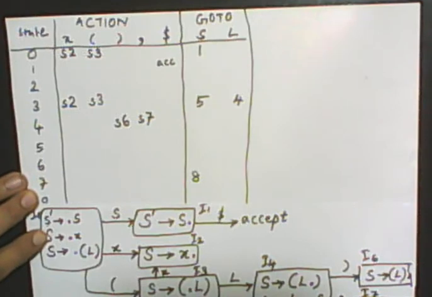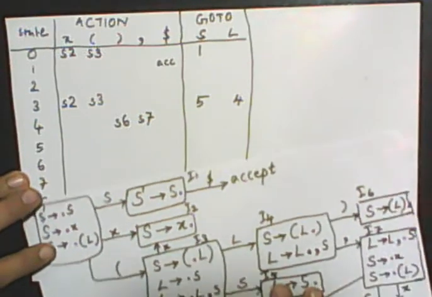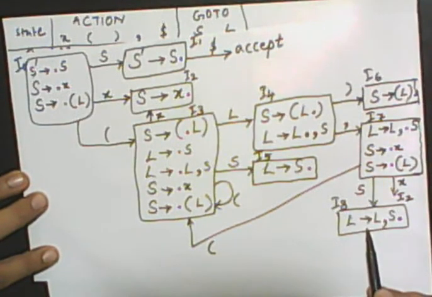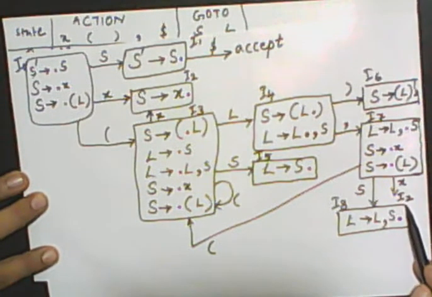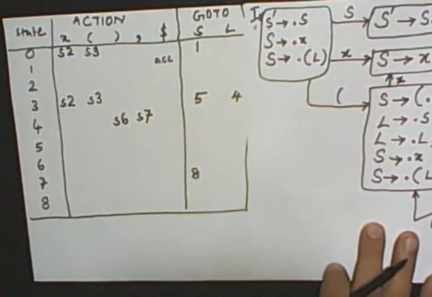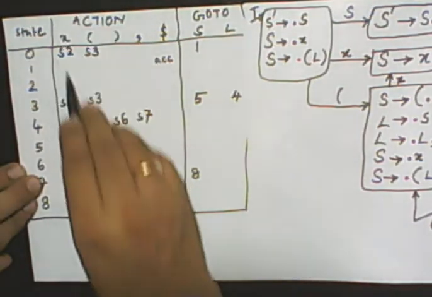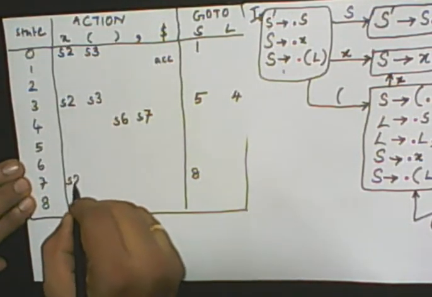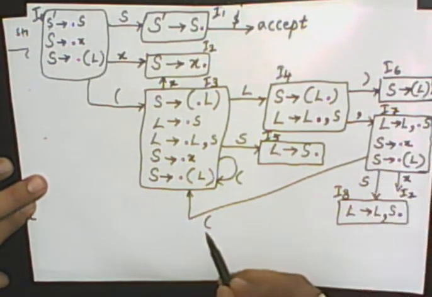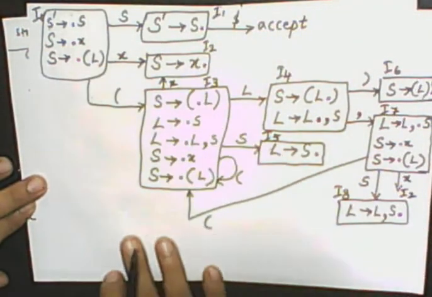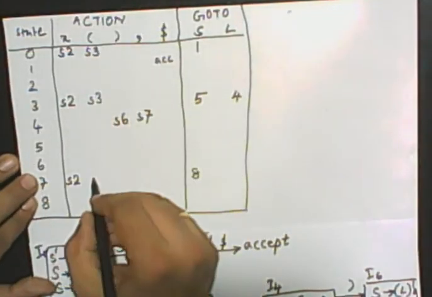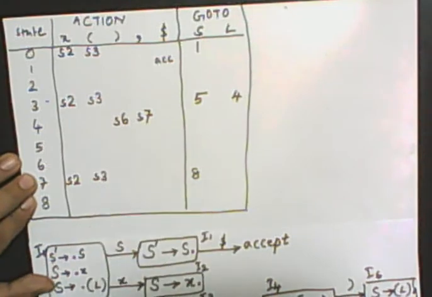I7 on X goes to I2, so it's a shift operation, and I7 on left parenthesis goes to I3, so here you have a shift operation.